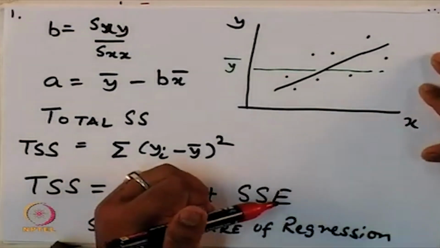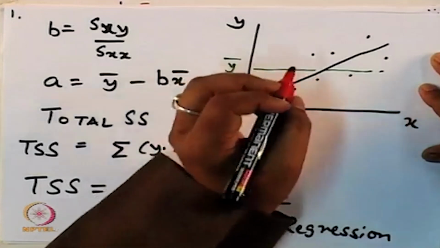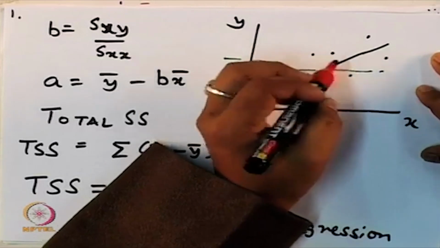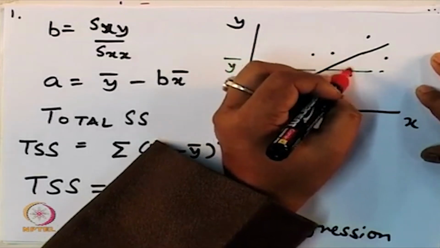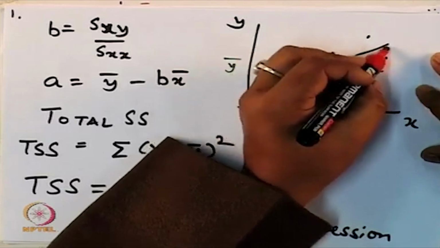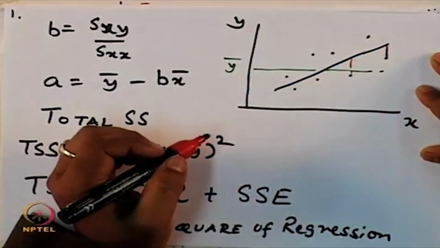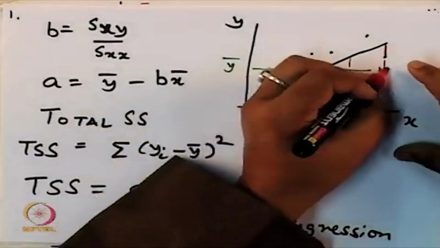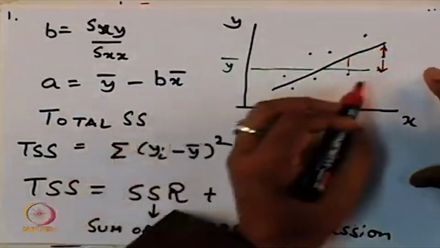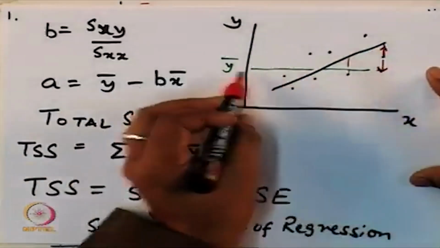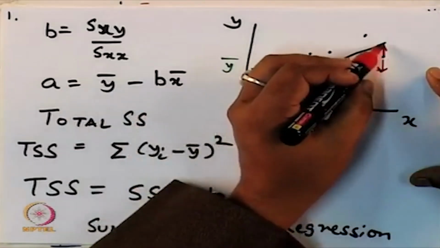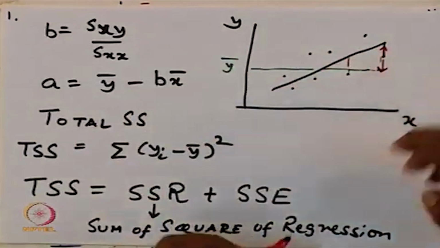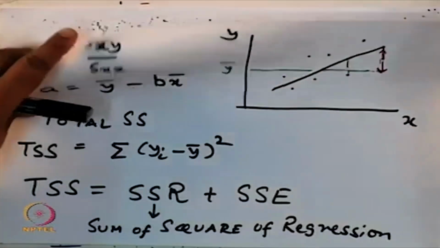It is essentially this component, from this deviation. If the linear relationship did not exist, imagine all your data points were along the horizontal line, then from this base, how much is the deviation of the fitted line is your sum of squares of regression. So, how will I write down the expression for sum of squares of regression?